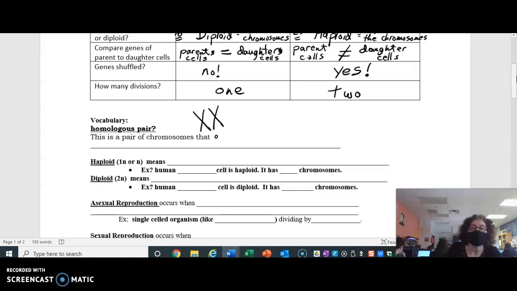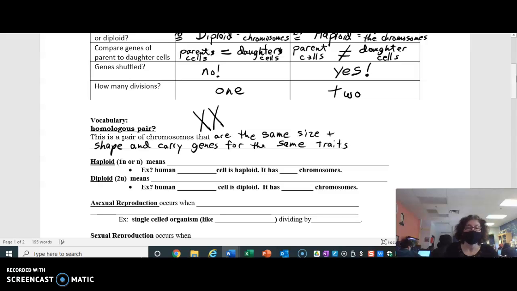A pair of chromosomes that are the same size and shape and carry genes for the same traits. There, I'm going to give you a minute to write that. So a homologous pair of chromosomes that look like this are the same size and shape, you can see that, right? And carry genes for the same traits.